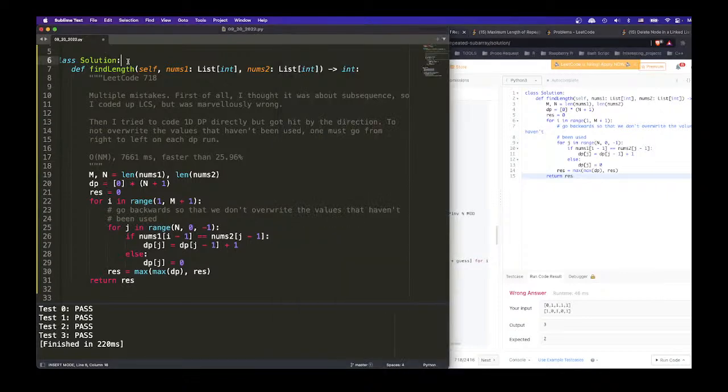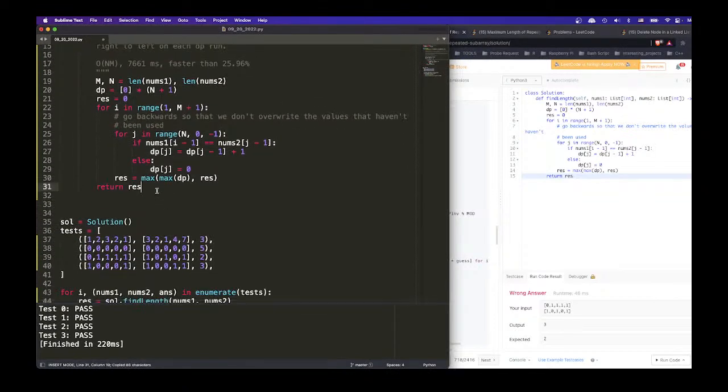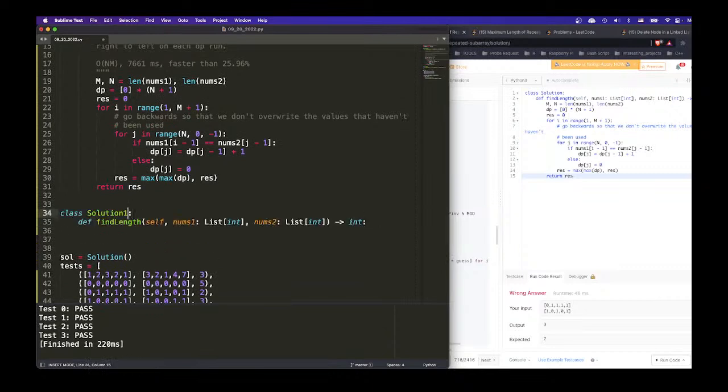I'm just going to do binary search, courtesy of my solution last year.